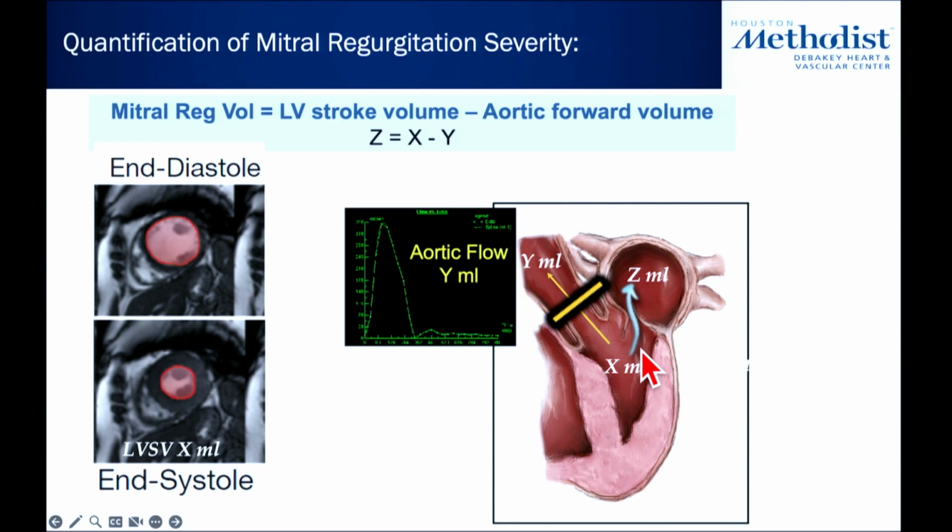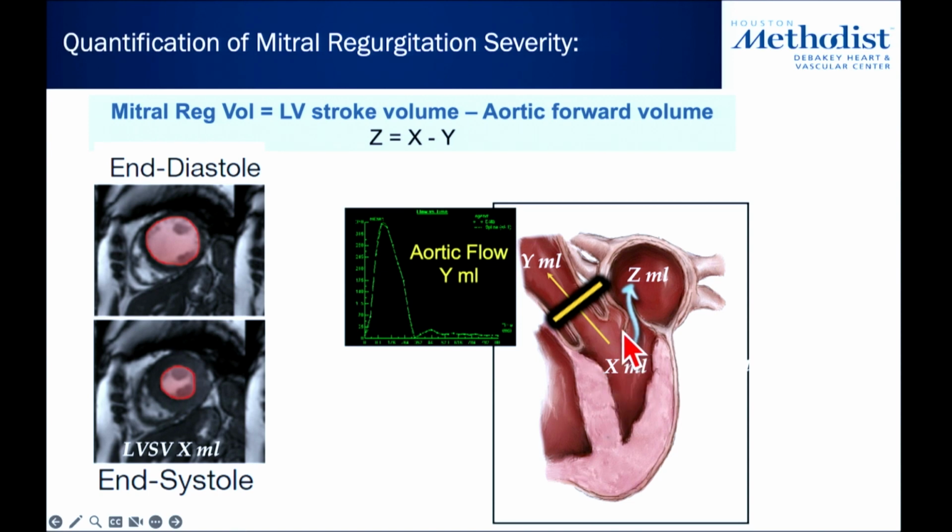The way that we would determine the severity of regurgitation here is very analogous to the approach taken for native valves, which is simply an indirect method of comparing the stroke volume that the left ventricle ejects to the forward flow going across the aortic valve.